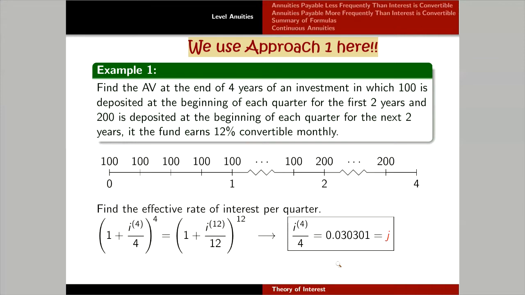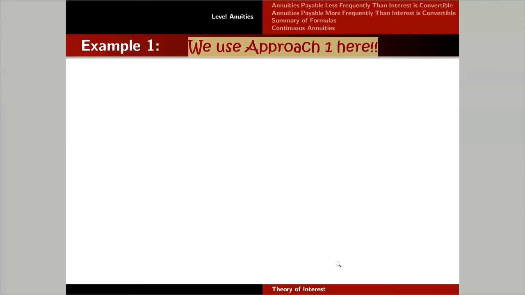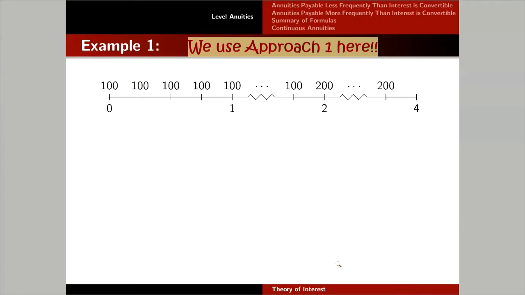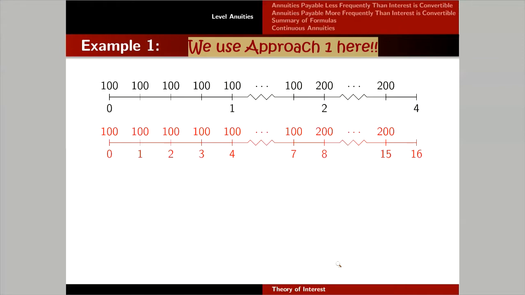To imagine that better, let's have the original timeline here, and I'm going to make use again of the red timeline. What did I do here? I relabel again the times.